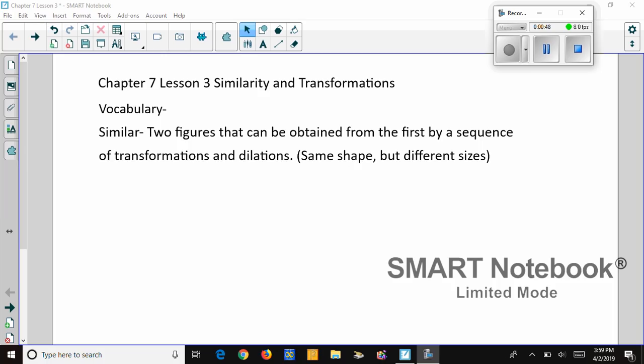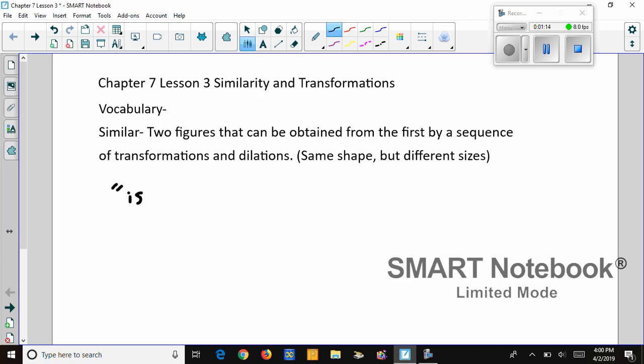For similar, we're going to say that two figures that can be obtained from the first by a sequence of transformations and dilations. So they're the same shape, but different sizes. Now I'm going to add something to what's here. What if we also talked about some notation?